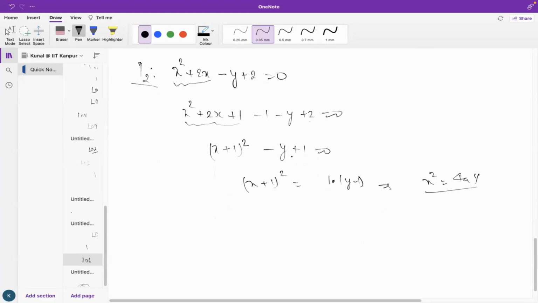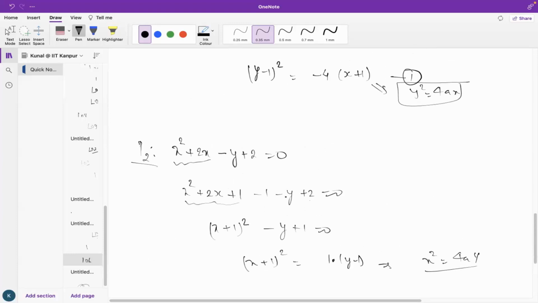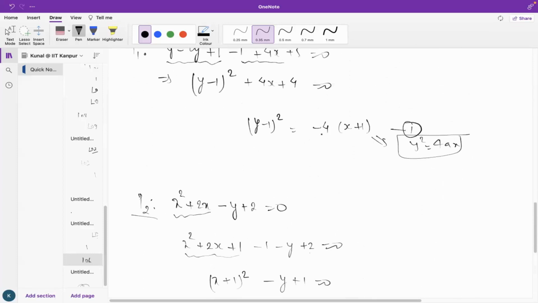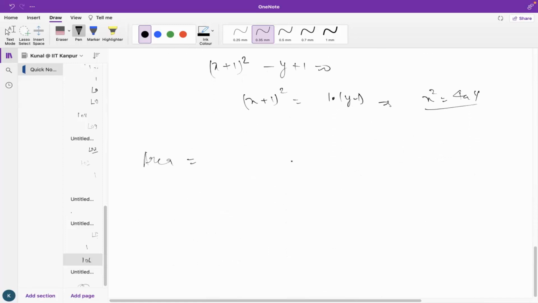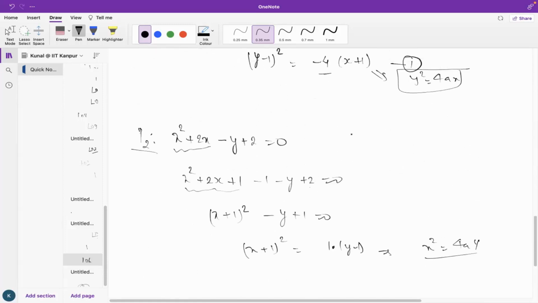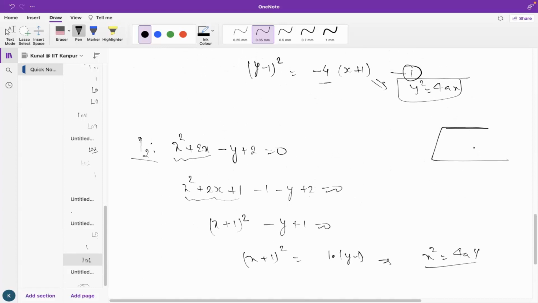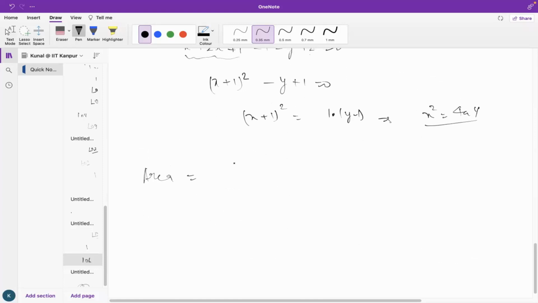Now we know that the area is nothing but the product of latus rectum by 3. So our latus rectum here is minus 4, but we have to take plus 4 because it is a length. What is the latus rectum? The latus rectum of any parabola is the line passing through the focus that is perpendicular to the principal axis, right? So it is a length which is equal to 4a, meaning double, and length can never be negative, so we have to take the positive.